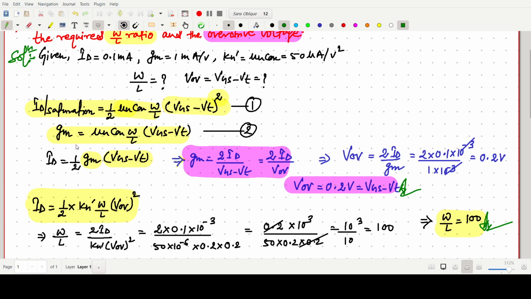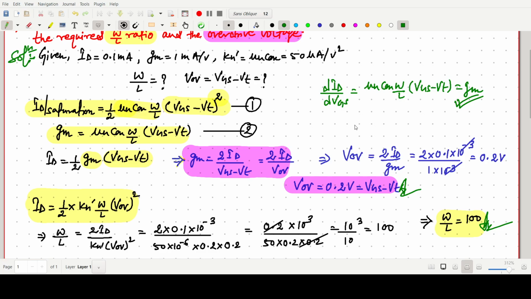This gm we can find by taking del ID by del VGS. It will simply give mu n Cox W by L (VGS minus VT), which is nothing but our gm. So this is also a formula.